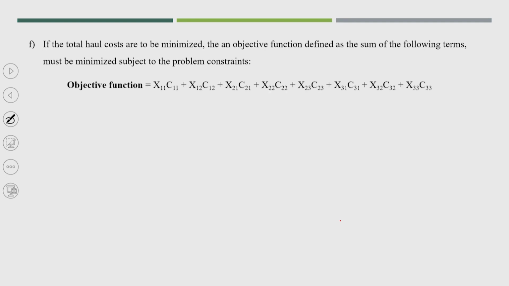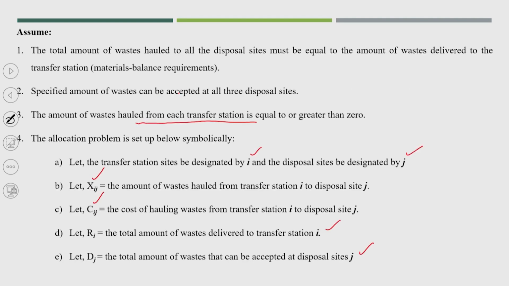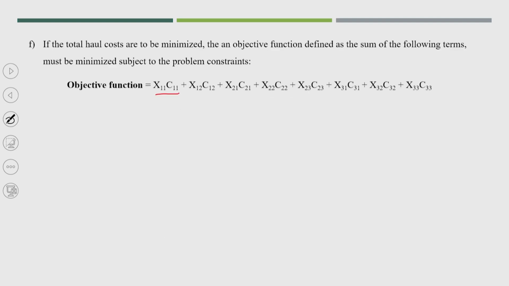The objective function will be x11 multiplied by c11 plus x12 times c12, and so on, where x11 is the amount of waste hauled from transfer station 1 to disposal site 1, and c11 is the cost of hauling waste from transfer station 1 to disposal site 1.